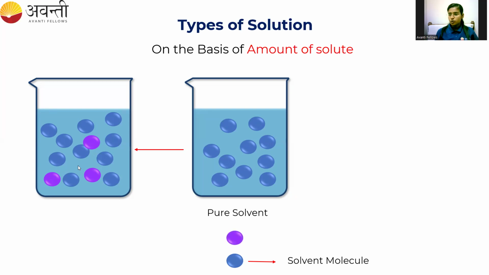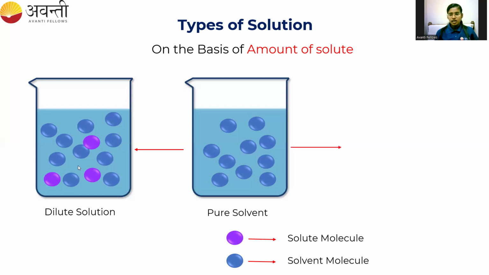So that denotes the solute molecules. Okay. So what do you observe here in this beaker? Solvent molecules are more in number compared to the solute molecules. If the solvent molecules are more in number compared to the solute molecules, then that particular solution is called a dilute solution.